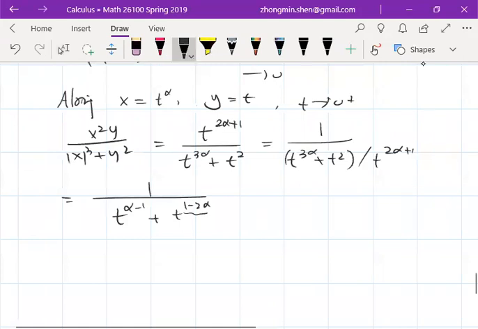So alpha minus 1. So no path works well right now. Okay, alpha minus 1, right? You have to make sure that at least one of them approaches a constant, the other one approaches 0. So 1 minus 2 alpha should be greater than 0.